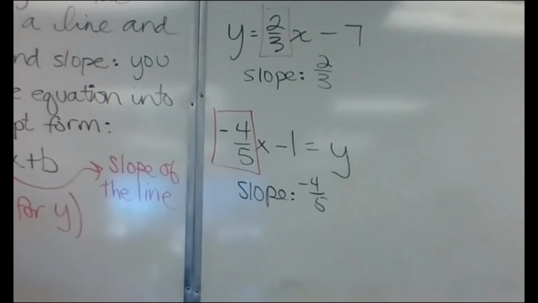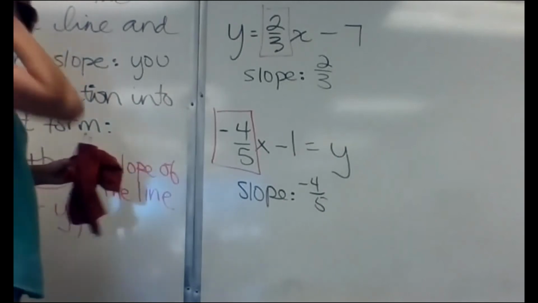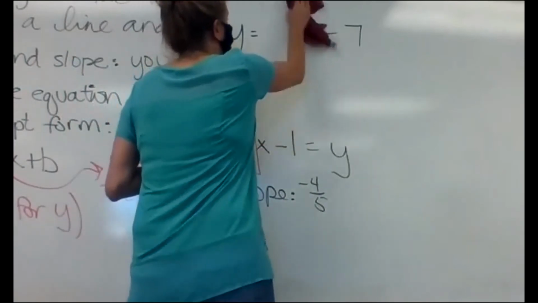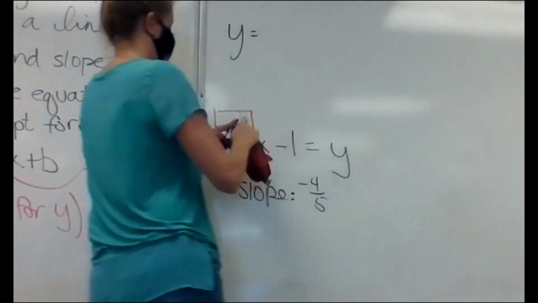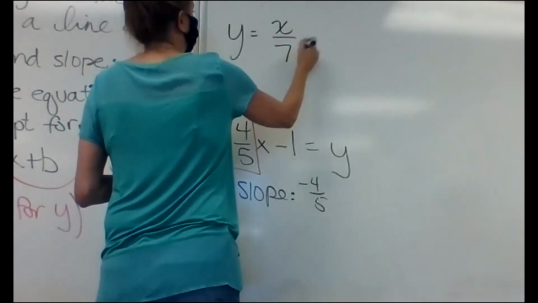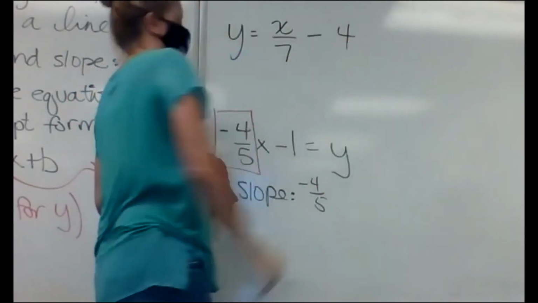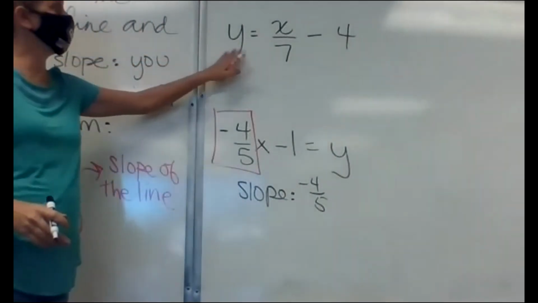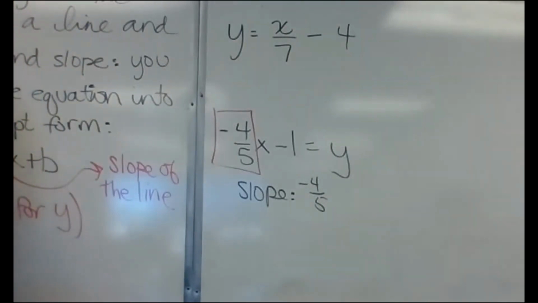Ooh, no, 12 don't look like that. Let's look at another one before we do number 12, because I see something that's going to come up. So y is by itself, which means the number hooked on to x is your slope. 7 is not hooked on to x, it's below it.